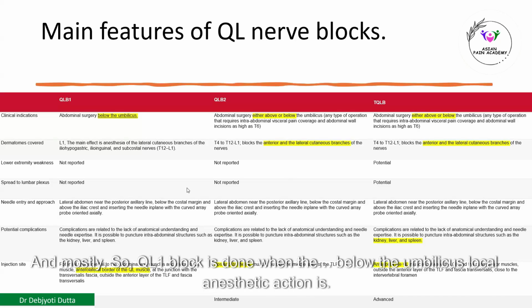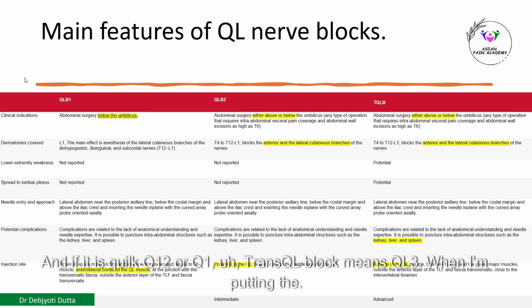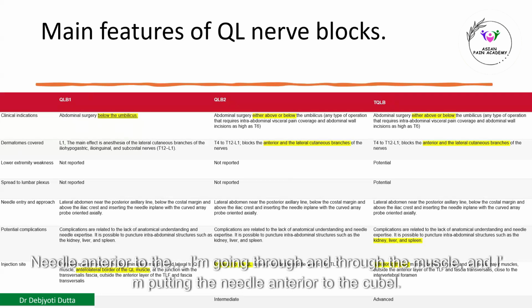The QL1 block is done when local anesthetic action is wanted below the umbilicus, for analgesia in surgery below the umbilicus. If it is QL2 or trans-QL block, meaning QL3, I'm going through the muscle and putting the needle anterior to the QL.